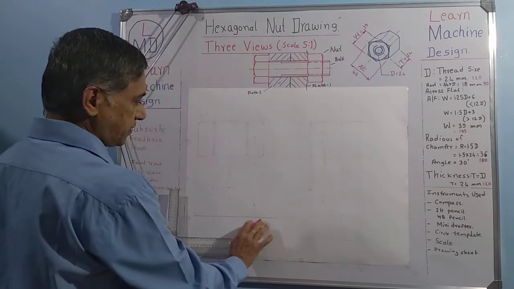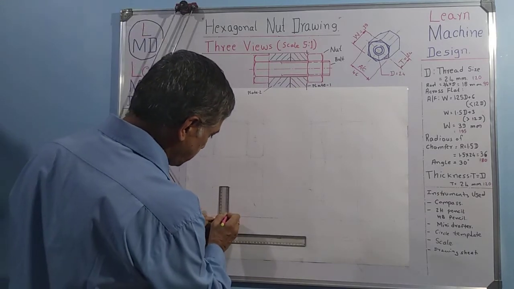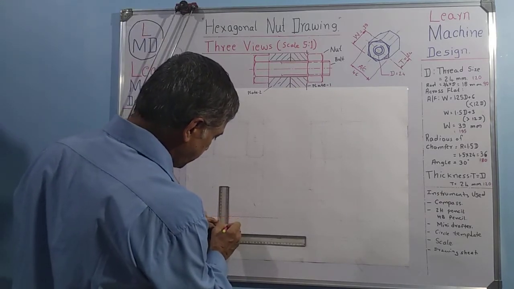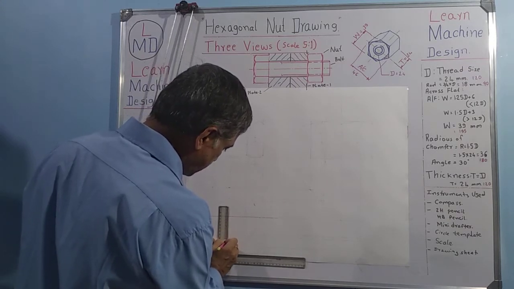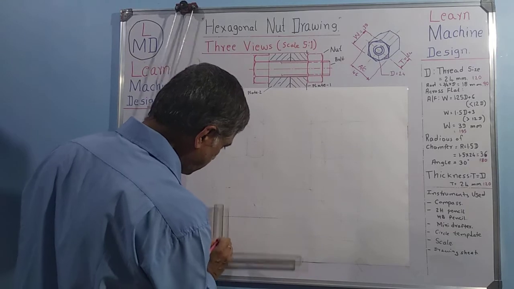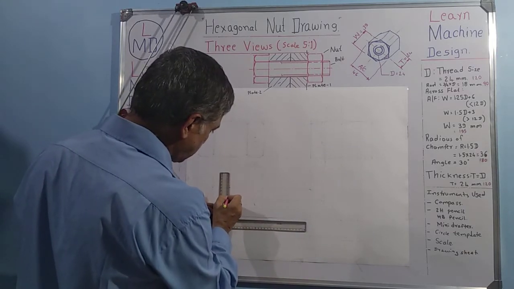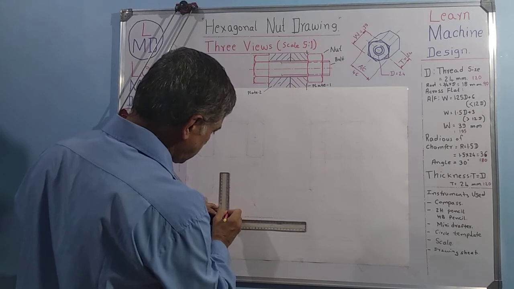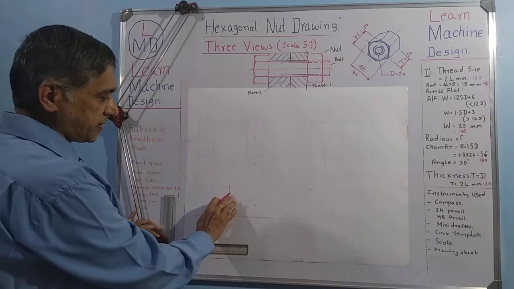So this is the horizontal line. In a similar way, we have to draw the vertical line also like this. So the horizontal line is ready now, and the vertical line is ready now.